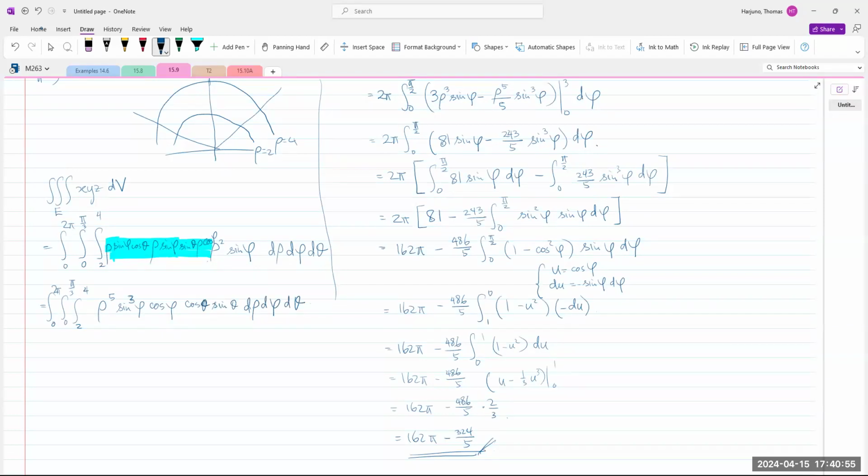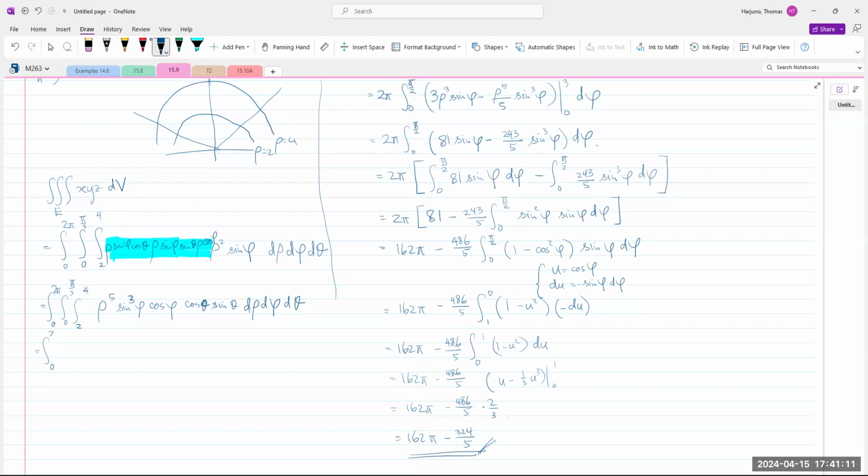The nice thing about this integral is the domain is a rectangle and the integrands are separable, right? Okay, so we can rewrite this into the product of 3 integrals.